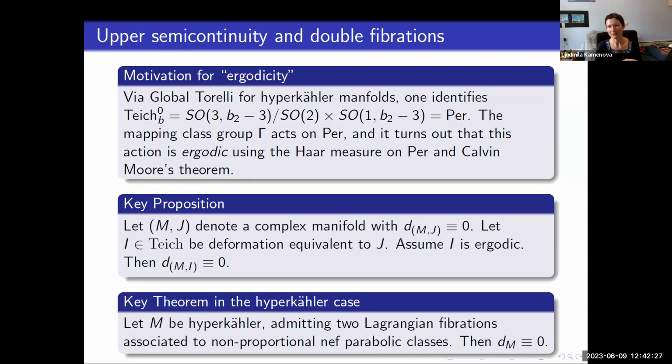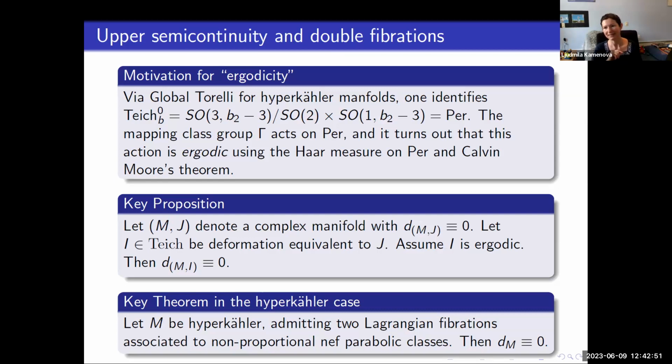You can take one family going through one of the points, another family going through the other point, and then see that the pseudo distance is zero. So that's just the basic idea behind these theorems in the hyperkähler case. So that's where the hyperkähler case stops.